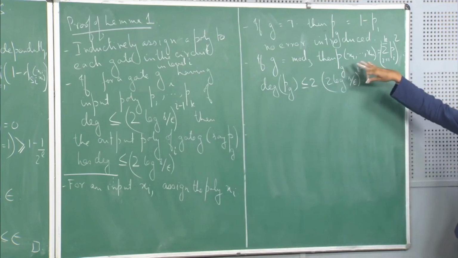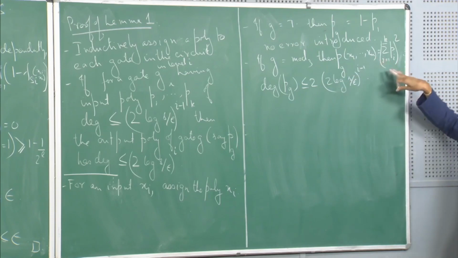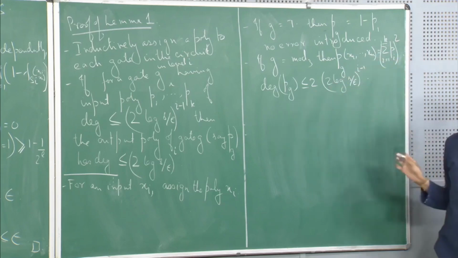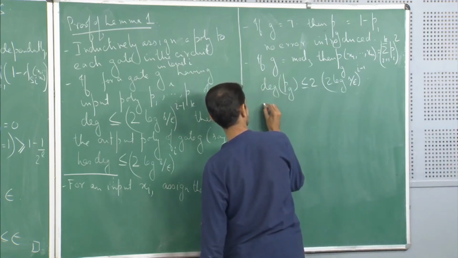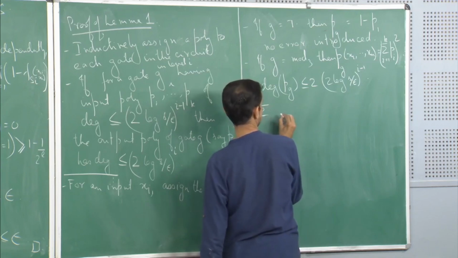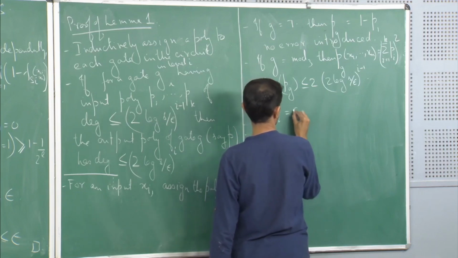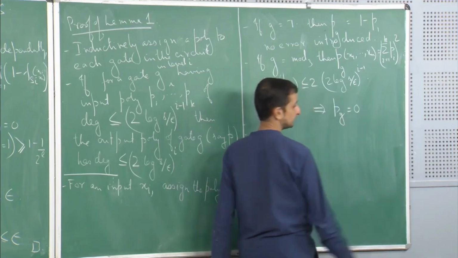What about error? Note that if all these polynomials are 0, then this sum is 0 and the square is 0. Therefore, Pg is equal to 0. So, if all Pi's are equal to 0, then Pg is equal to 0.